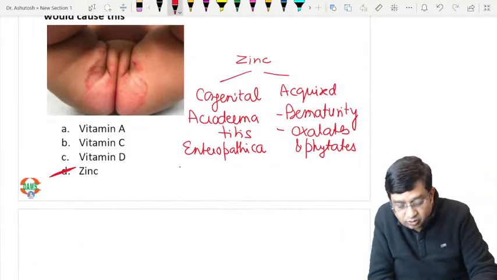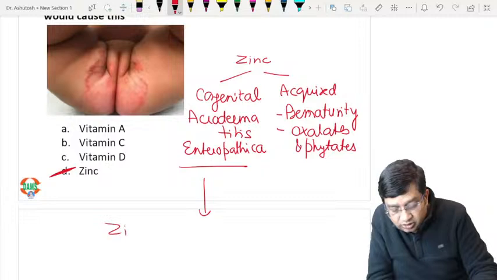And zinc is a component of zinc finger protein.